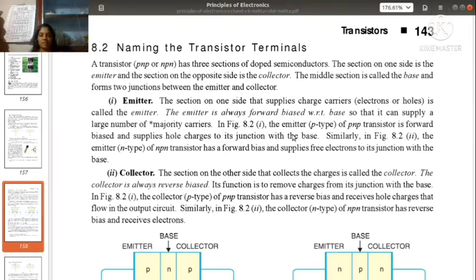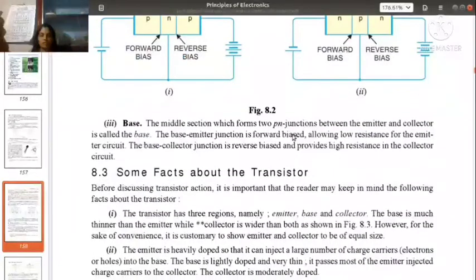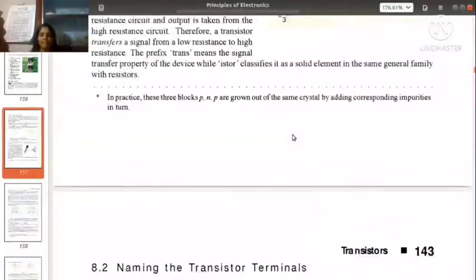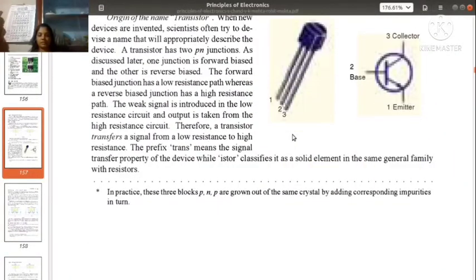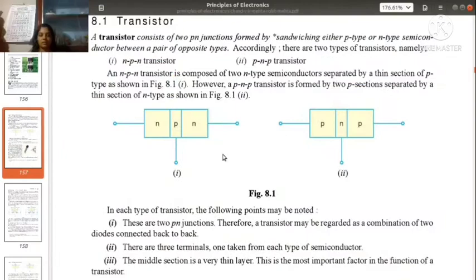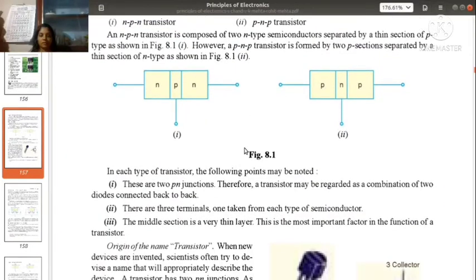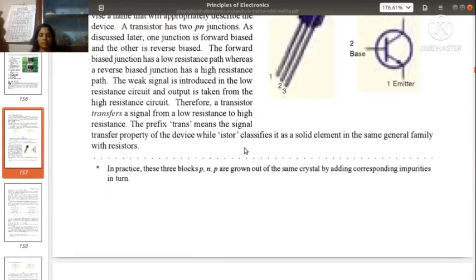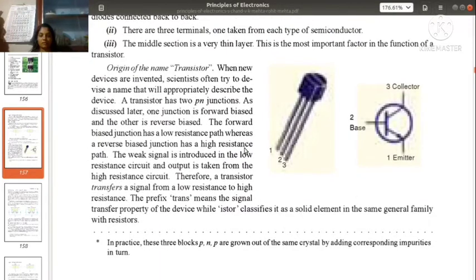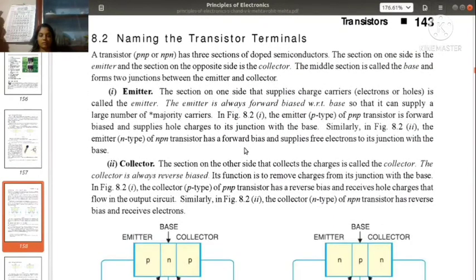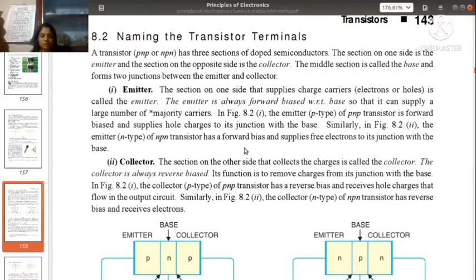In the figure, the emitter of a PNP transistor is forward biased and supplies hole charges to its junction with the base.